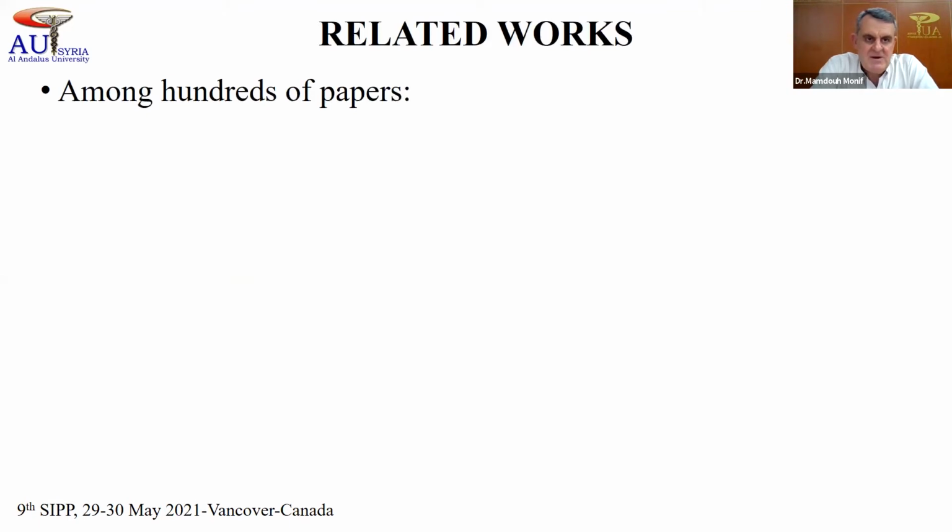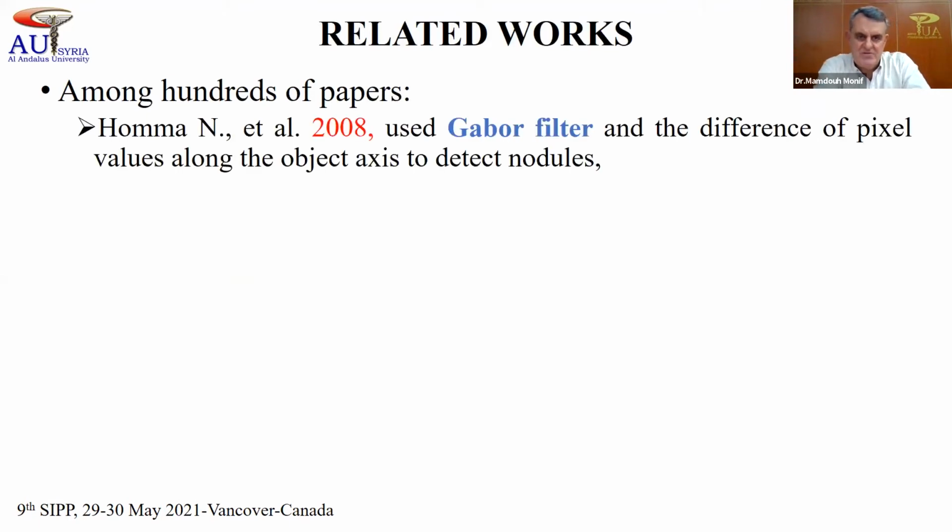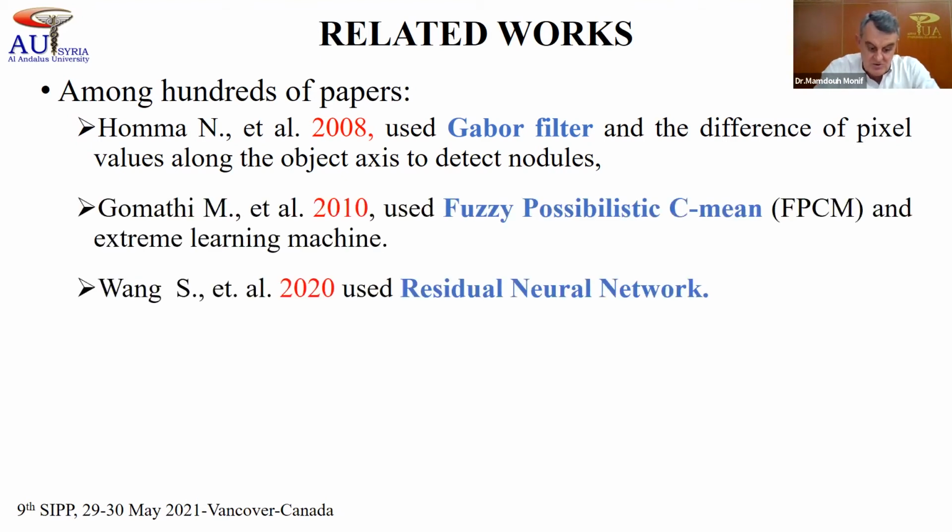Related works: among hundreds of papers, we will mention some of the important works in this domain from our point of view. Homa et al. in 2008 used a Gabor filter and the difference of pixel values along the object axis to detect nodules. Also, Gomathy in 2010 used fuzzy possibilistic C-means and extreme learning machine.